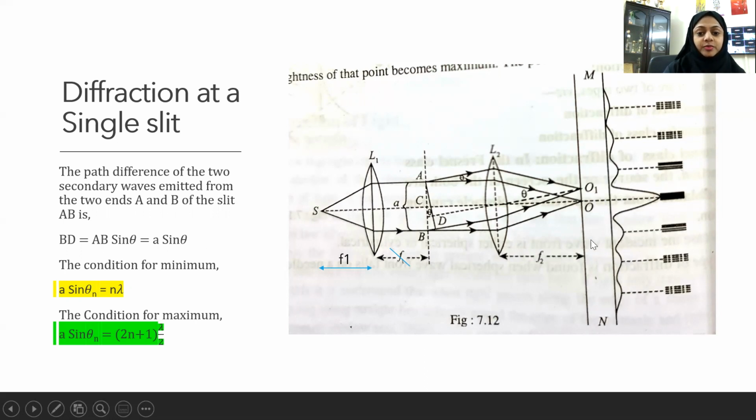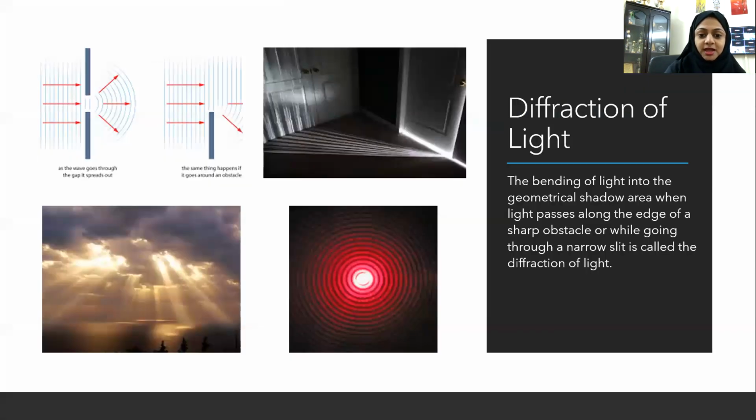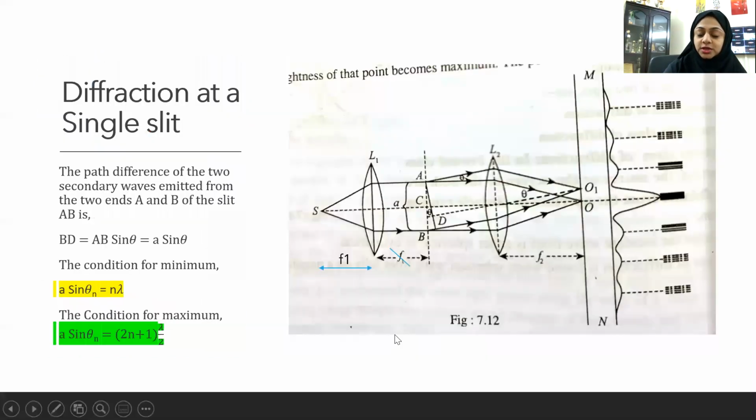So in the previous slide, we saw that the light ray at the center will be very bright, high intensity. But as we go away from the center, you can see light again with lesser intensity. So that's shown here. So this is light with high intensity, and as we move away from the center, there will be light again with lesser intensities.